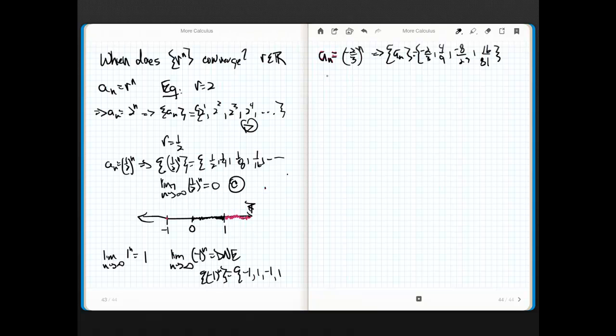Isn't it converging? Well, however, if we take the limit as n goes to infinity of the absolute value of a sub n, this is equal to the limit as n goes to infinity of (2/3) to the n, which we already talked about over here as being 0, which implies that the limit as n goes to infinity of (-2/3) to the n equals 0, and therefore it converges.